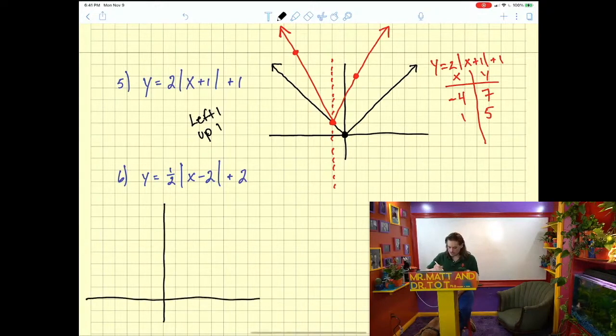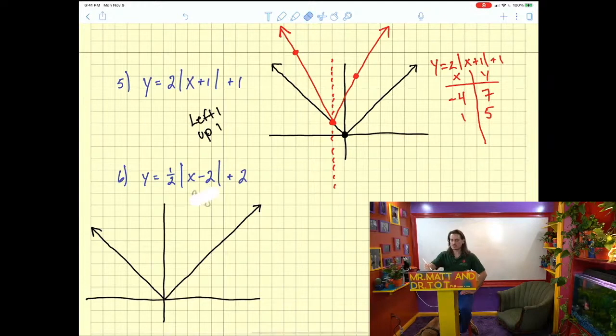For number 2, again, start by sketching in the parent function. And now examine the shift of the vertex. The h value is -2, so this is going to be right 2, opposite common sense.